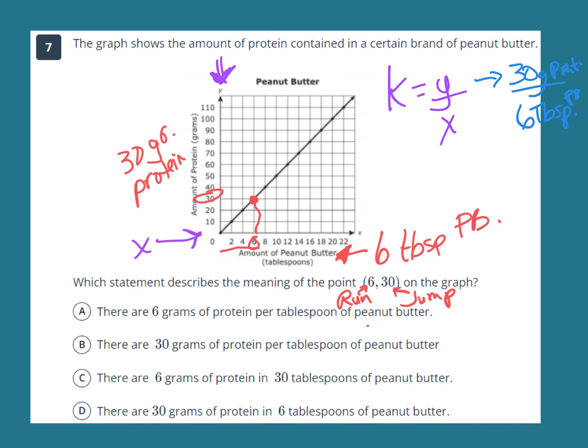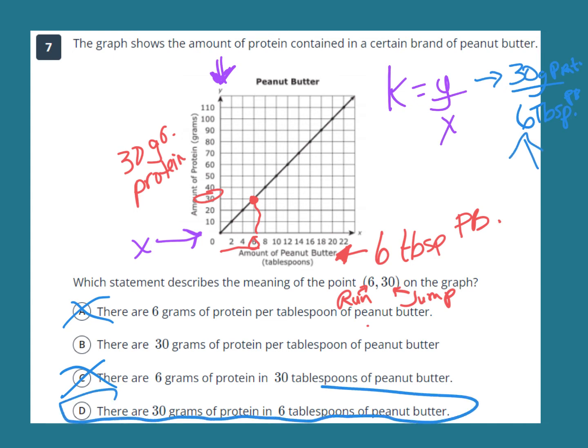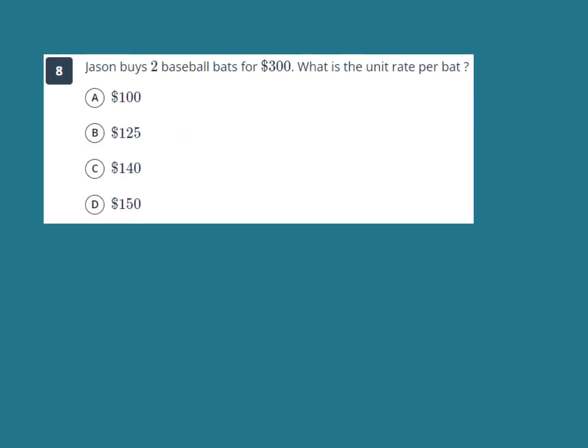So 30 over 6, so that means we get rid of C and A. And we also know that it's 6 tablespoons on the bottom. So our answer is D, because we're not doing unit rate. Answer is D.